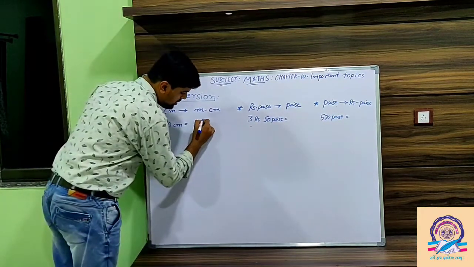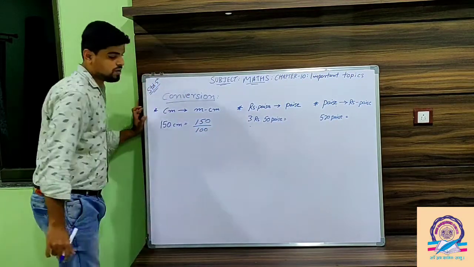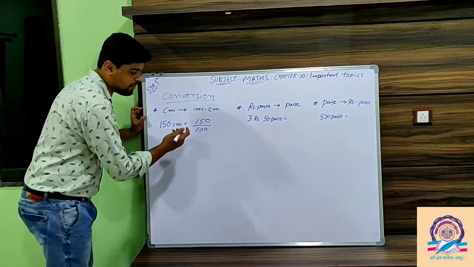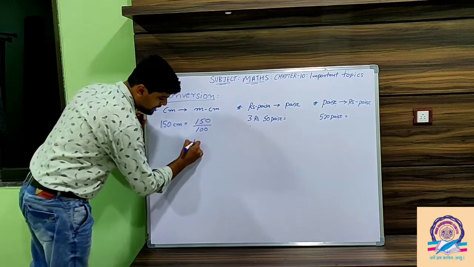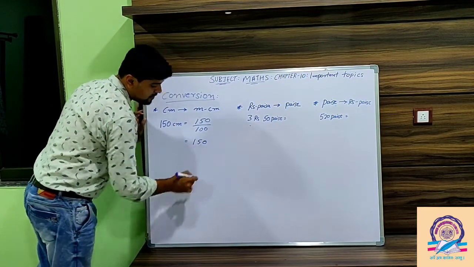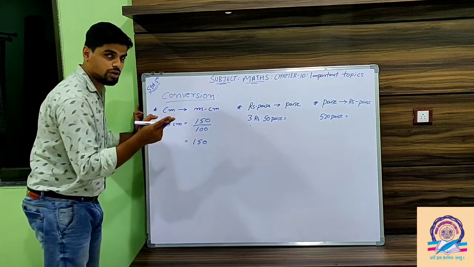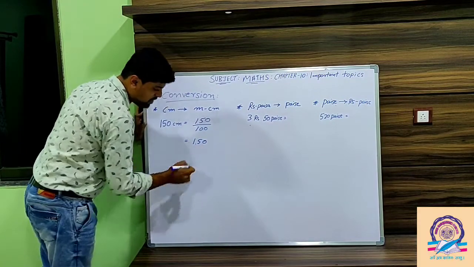So we divide 150 by 100. Then we apply our method, that is we write the numerator as it is, count the number of 0s, 2. So we put the decimal point before 2 digits, 1 and 2. So I put it here.